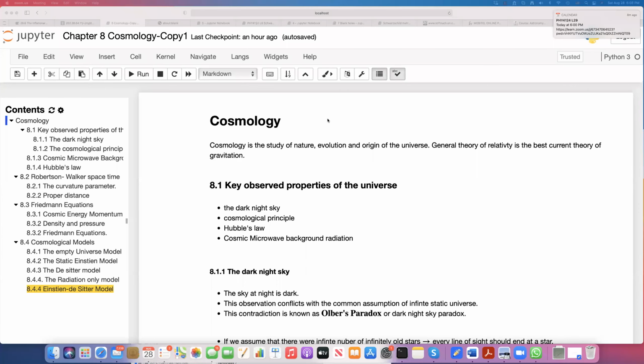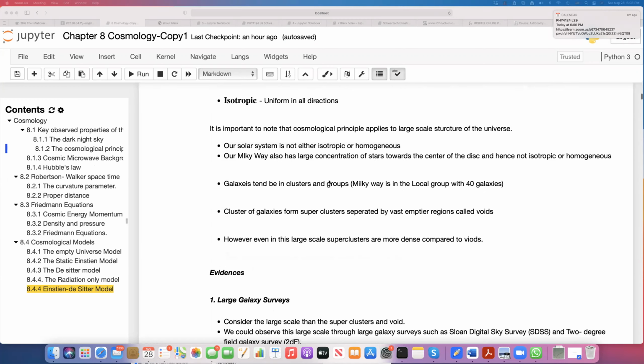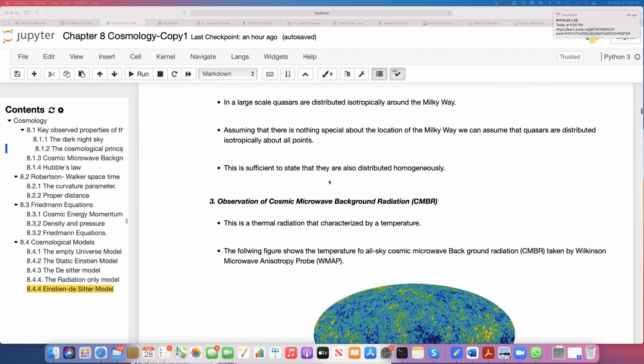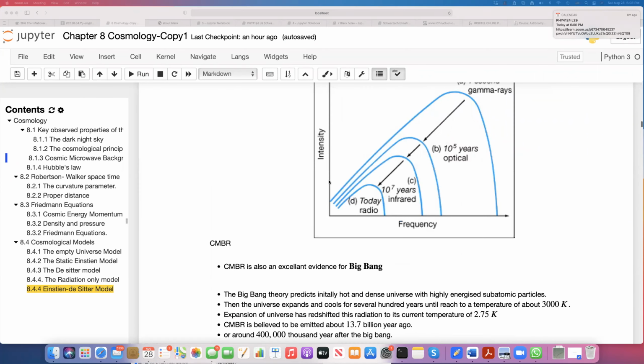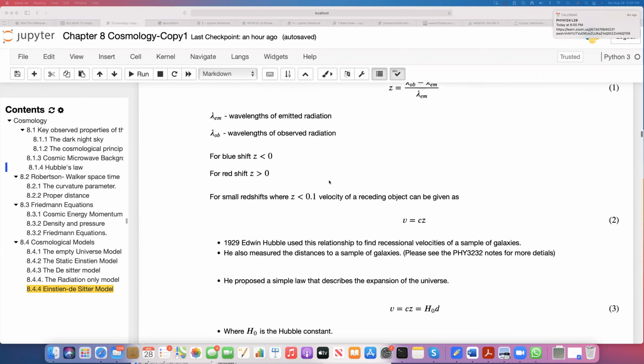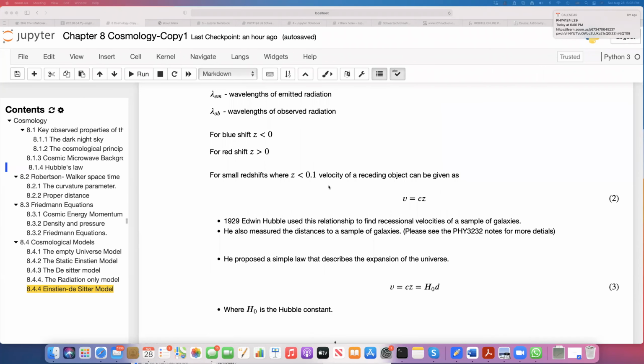And also, it's one of the strong evidences for the Big Bang theory, right? So we discussed all these things, and then the evidences for the isotropy and homogeneity, and then a little bit about the cosmic microwave background radiation and Hubble's law.